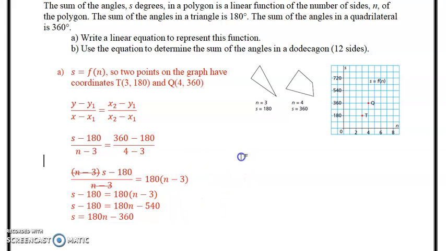Let's answer question B. Question B says, use the equation to determine the sum of the angles in a dodecagon. Dodecagon, I put in the brackets there. That actually has 12 sides, so that's your n value.